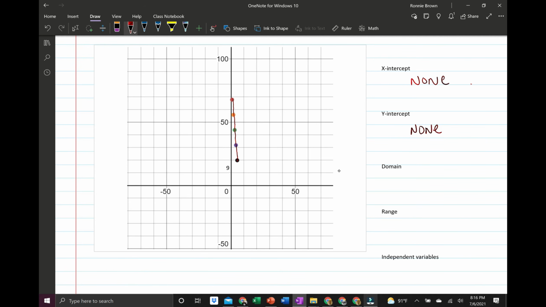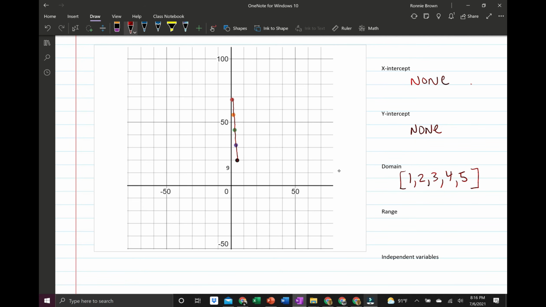The domain are all of your inputs, and I told you vocabulary is important. The domain are all of your inputs, your x variables. So the domain is 1, 2, 3, 4, and 5, right? Those are all the inputs, the x values.